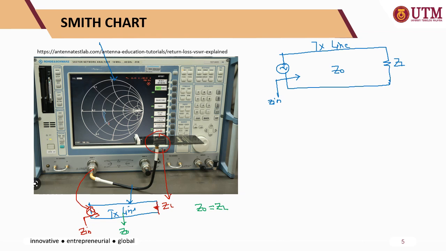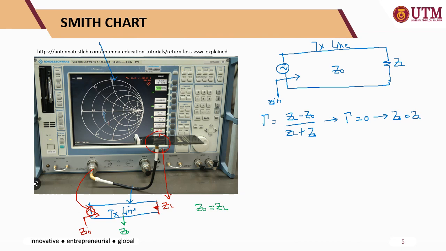Alright, so you also know that the reflection coefficient equals ZL minus Z0 divided by ZL plus Z0. And the reflection coefficient will be 0 if the system is matched, in which Z0 equals ZL.